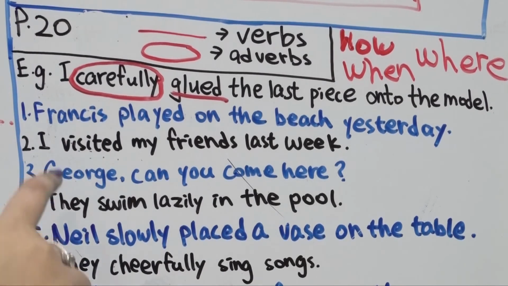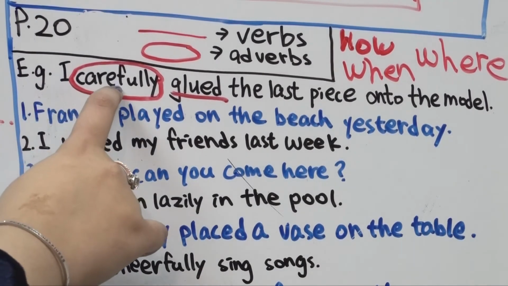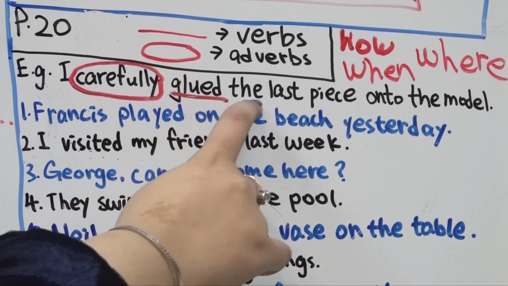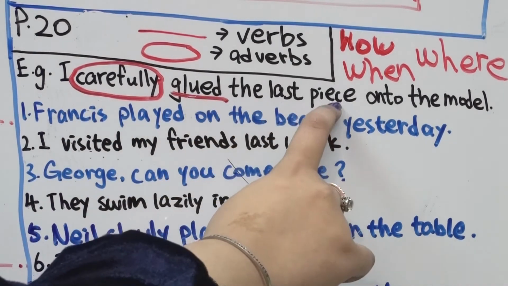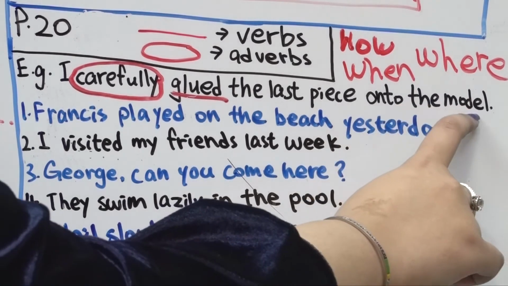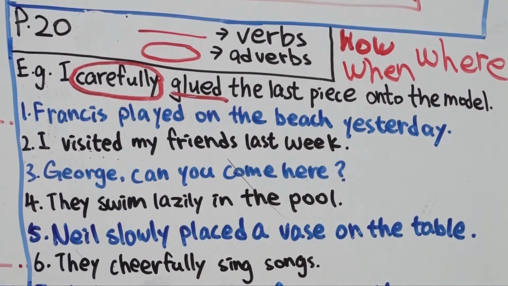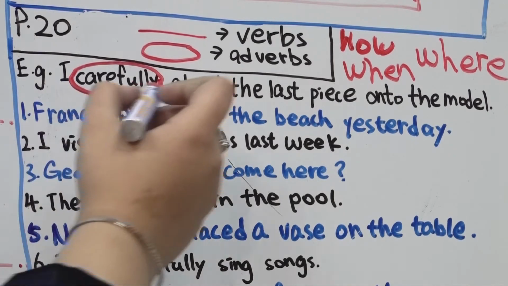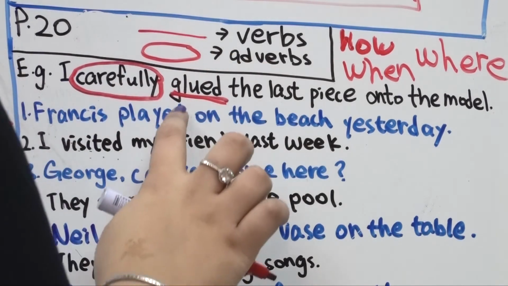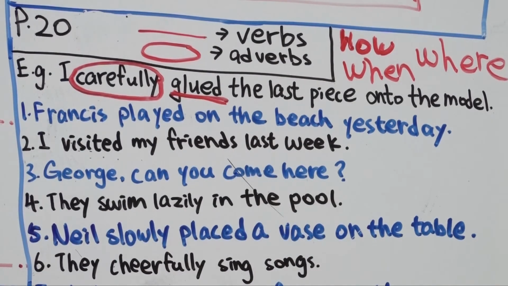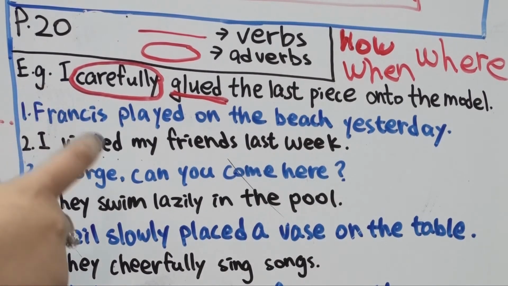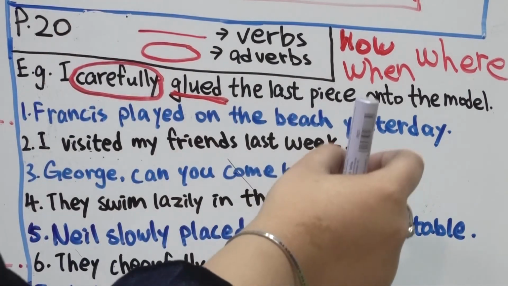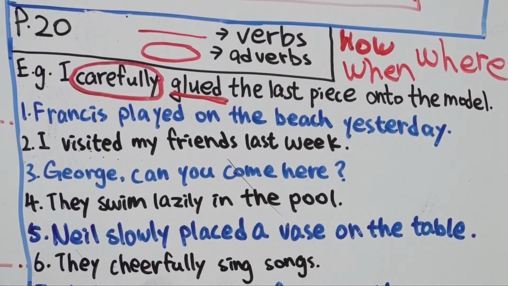Number 1, let's read. I carefully glued the last piece onto the model. Let's find the action verb first, okay? Which one is the action here? The word glued is the action, right? I carefully glued the last piece onto the model.